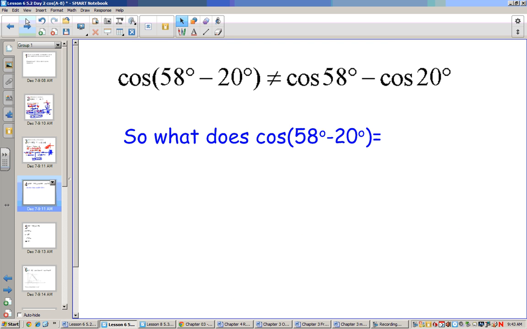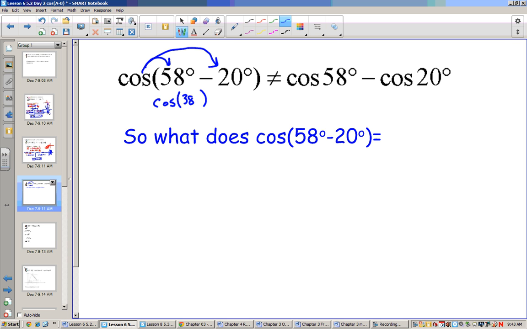Now our next topic we're getting into is expanding cosine of 58 minus 20. Now a lot of people intuitively think we can distribute over the parentheses and that would work. However, this is not equal, and I want to show you just using numbers what happens.